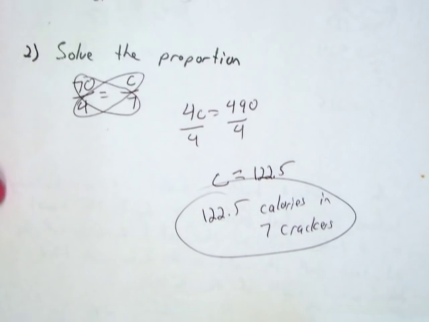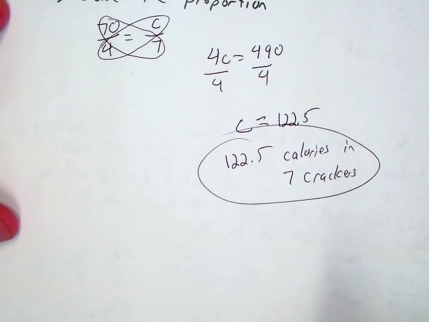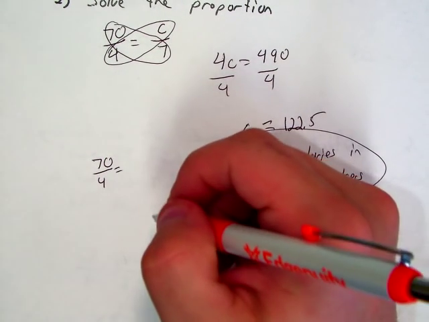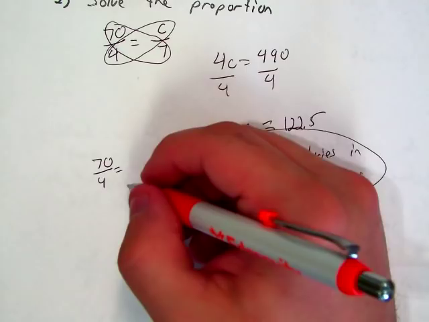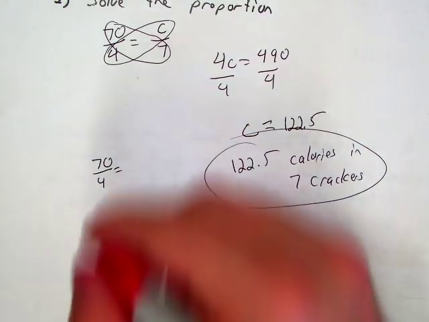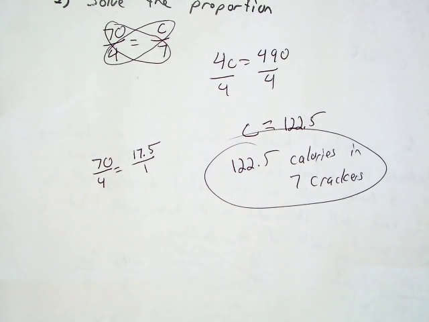A good way to double check this work here is if we use the constant of proportionality. So 70 divided by 4 can simplify all the way down, as a unit rate, to 17.5 over 1. So 17.5 calories per cracker.